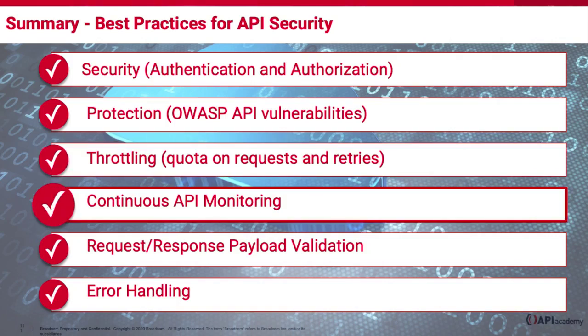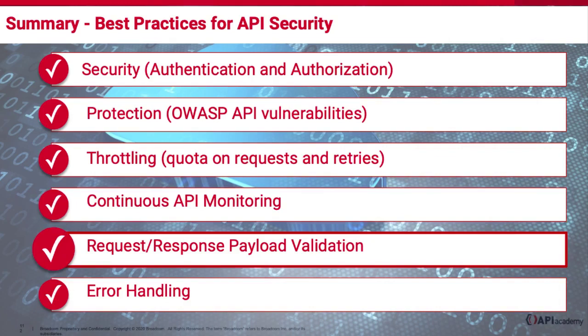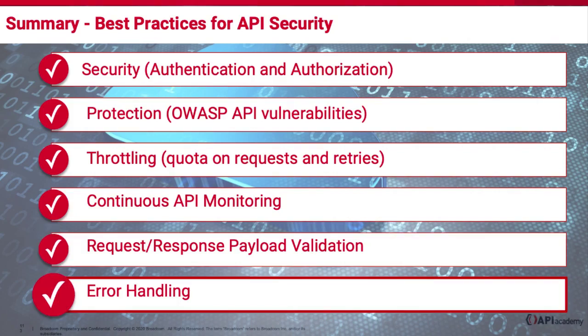Think about continuous API monitoring and review API access periodically to identify possible issues. Remember that APIs that return too much data are vulnerable. Last but not least, prevent applications from sending error messages with system traces.